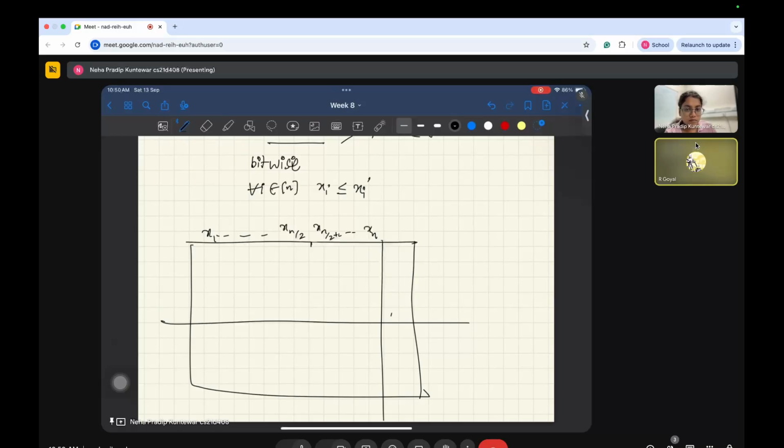So if I fix this, can there be functions that are symmetric, only depend on the number of ones, and are monotone as well? It is not necessary, but can there be such a function?